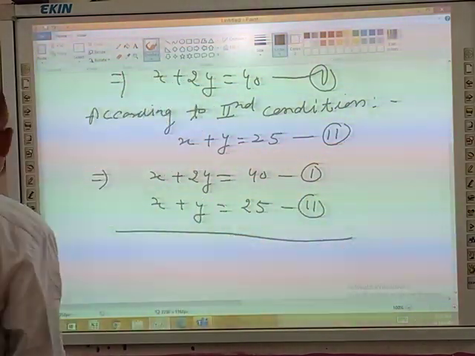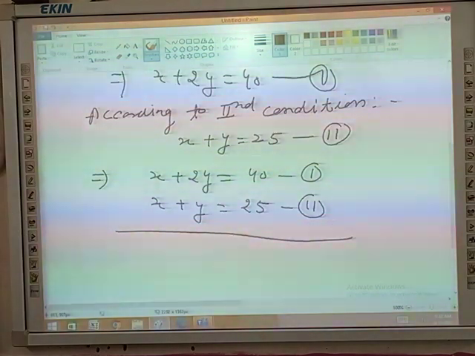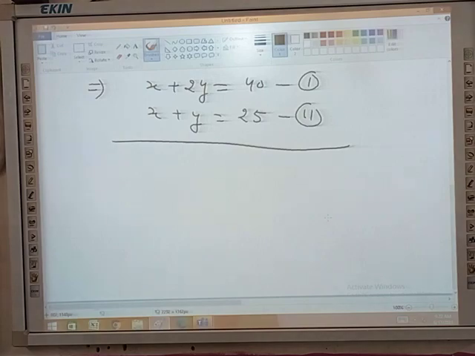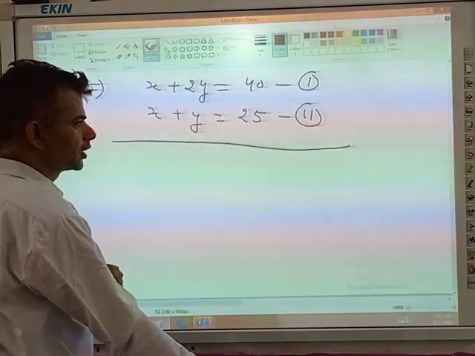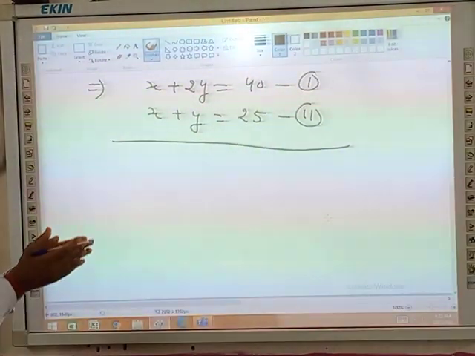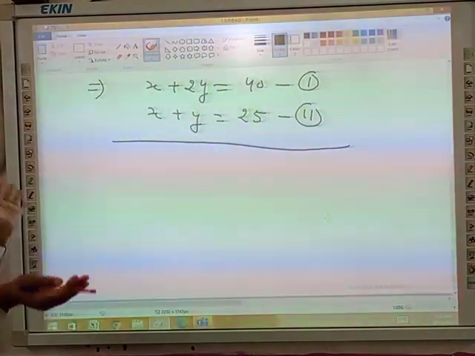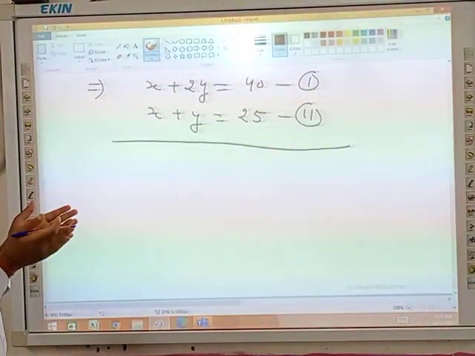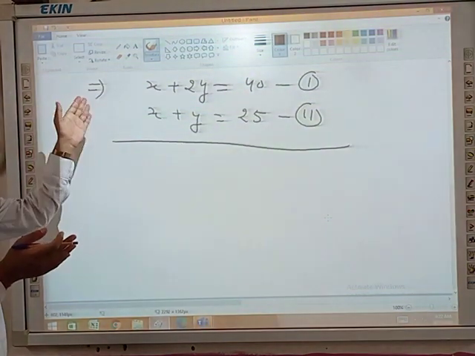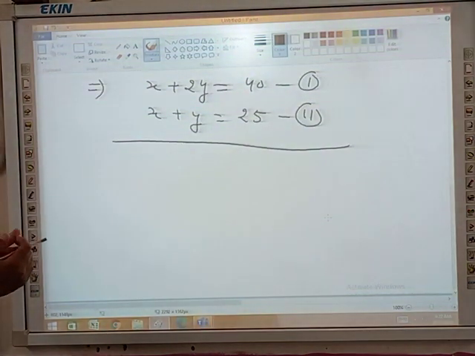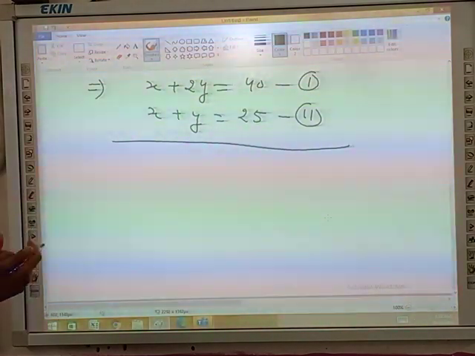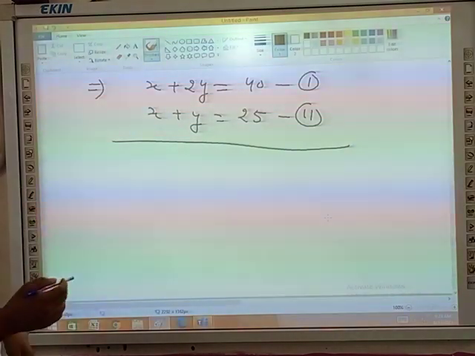Solve these two pair of linear equations. Now student, we are observing here that the coefficients of x are equal, so there is no need to multiply with any number, and the sign of coefficient x is the same. Then how will x be eliminated?